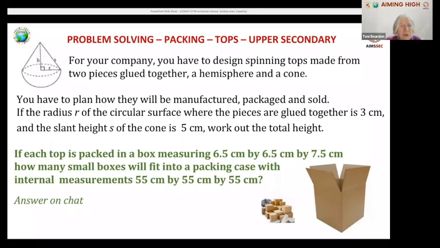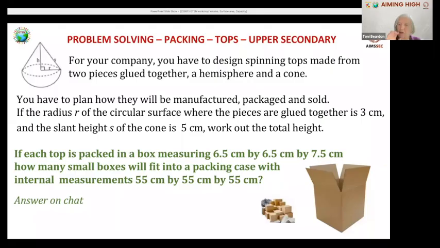So these tops are 6 centimeters across and 7 centimeters high. And so you're designing these and you pack them in a box, and the box measures 6.5 by 6.5 by 7.5 centimeters. So the little top fits easily into the box. And so those are the very small boxes.